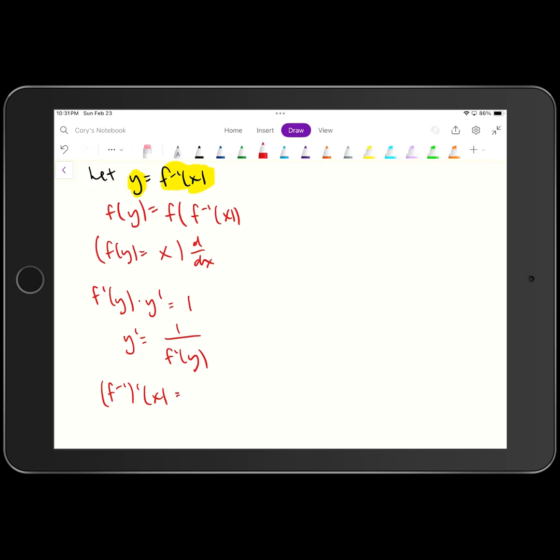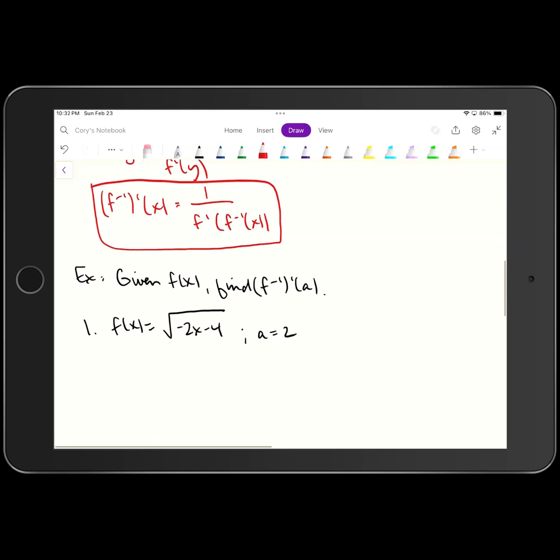And then on the right-hand side, we have 1 over f prime of y. Again, we're going to replace y with f inverse of x. So that is 1 over f prime of f inverse of x. Okay, so that is how we use a little bit of algebra and some calculus with implicit differentiation to work through the derivation of the derivative of that inverse function.